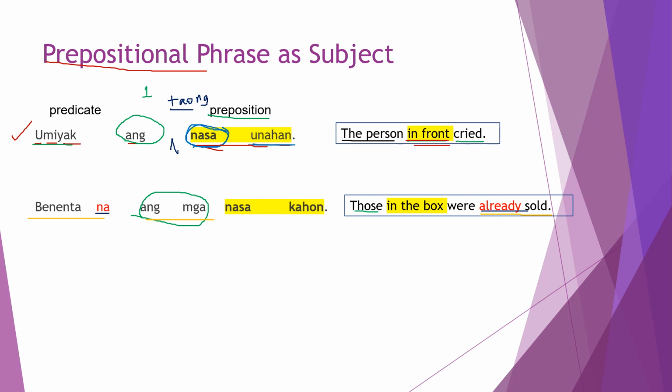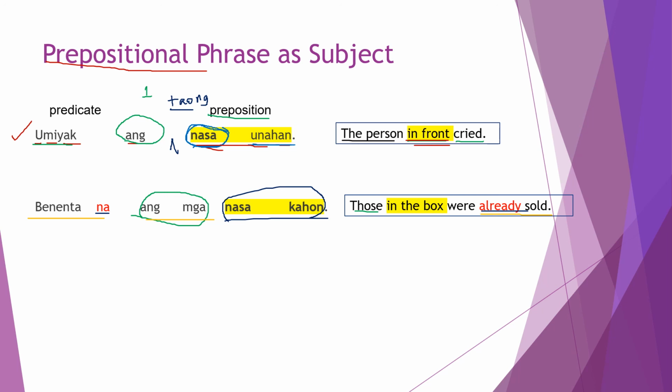The preposition in here is nasa kahon. So those things can be found in the box. And those things inside the box were already sold. That's what is meant in this sentence.